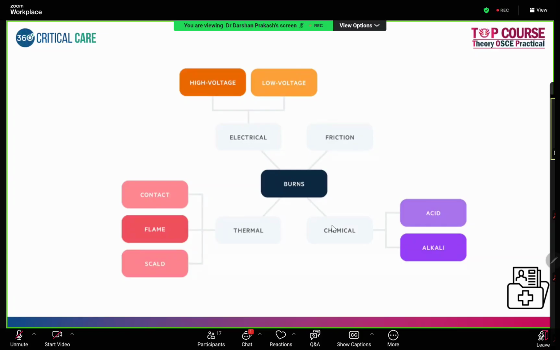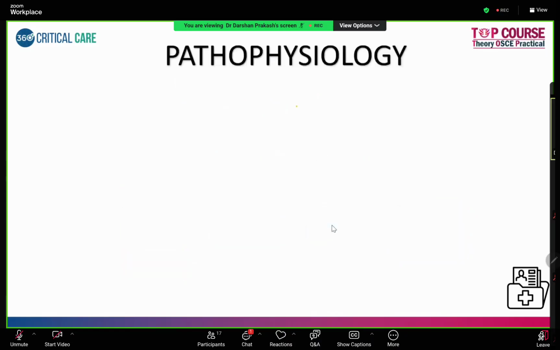Coming to electrical burns, they can either be classified as high voltage burns or low voltage burns. Frictional burns are nothing but burns which are sustained because of crude force which is applied against the skin. And chemical burns either can be acid type or alkali type.